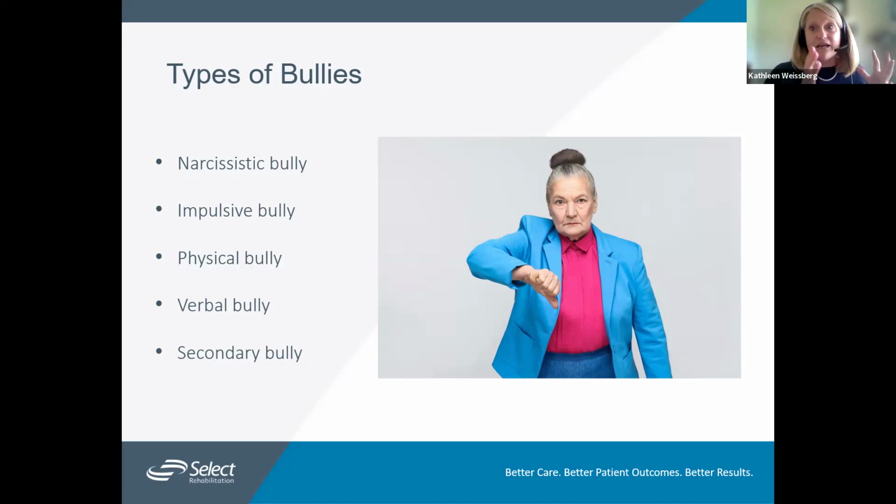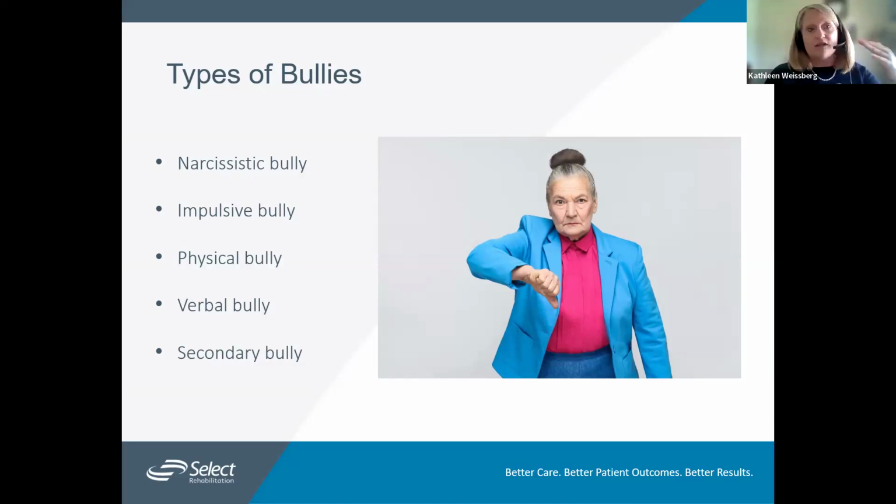They really plan it out. Again, we don't see that person nearly as much as we see the impulsive bully, who, if the situation is right and they can bully, they're going to do it. They're going to take advantage of that situation, even if there are consequences, force ahead and bully.